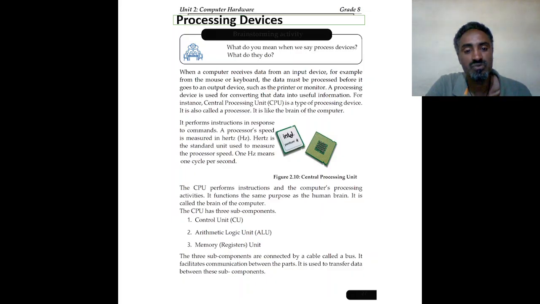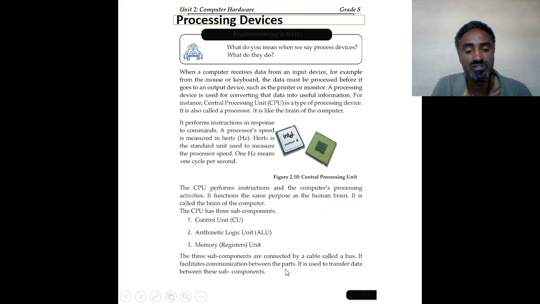The register communicates with the arithmetic logic unit, and the other component with the control unit, by using a bus. They are connected by a bus on the motherboard. It facilitates communication between the parts, from register to arithmetic, arithmetic to control, and vice versa.